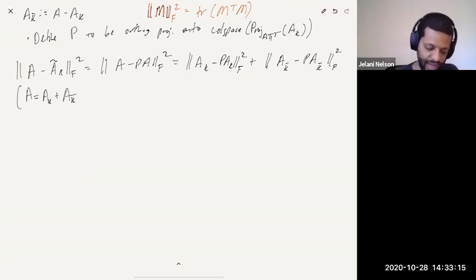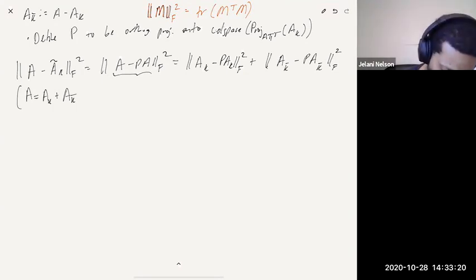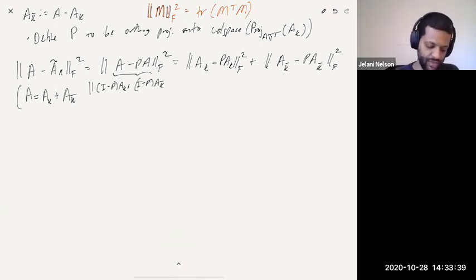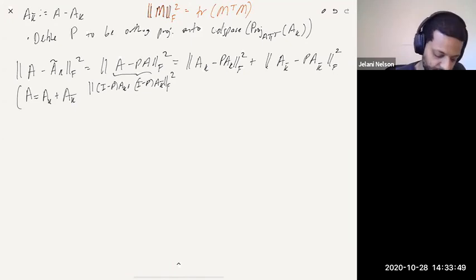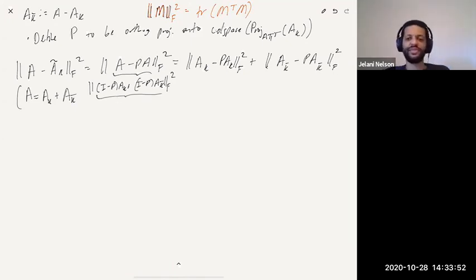And then I can expand this out here as basically identity minus P times A K plus identity minus P times A K bar. And then that's the Frobenius norm squared of that. And then by this identity up top, Frobenius norm squared is just the trace of M transpose M. This is the trace of this whole thing transpose times itself.